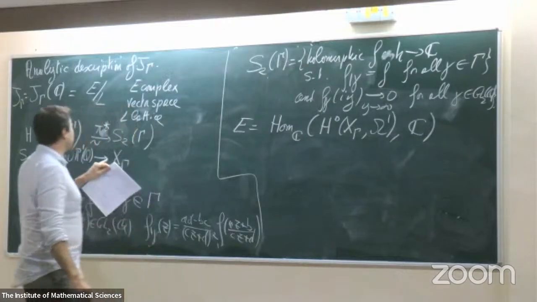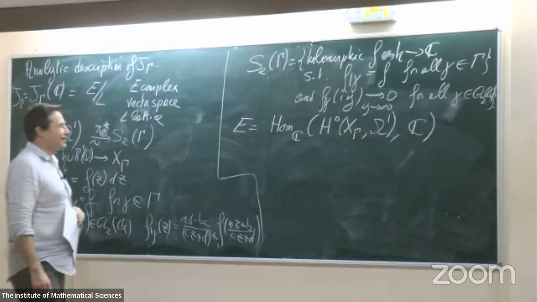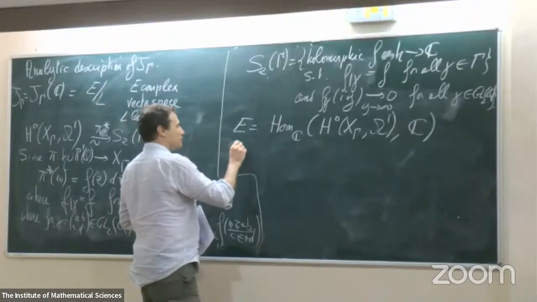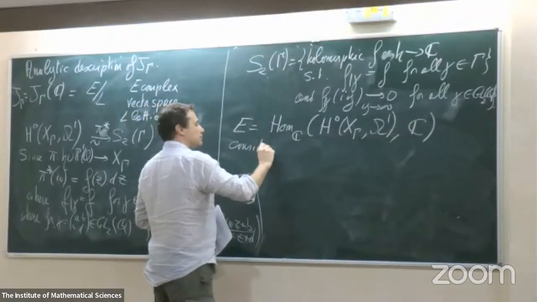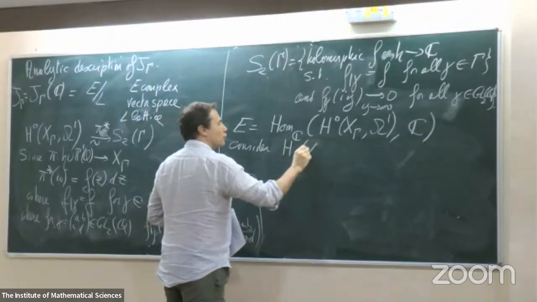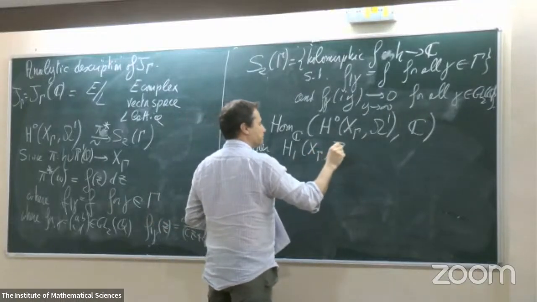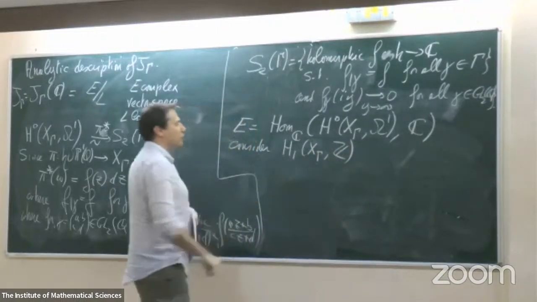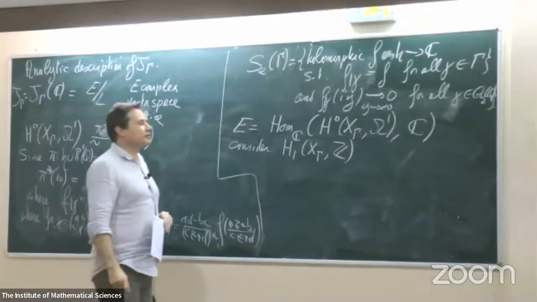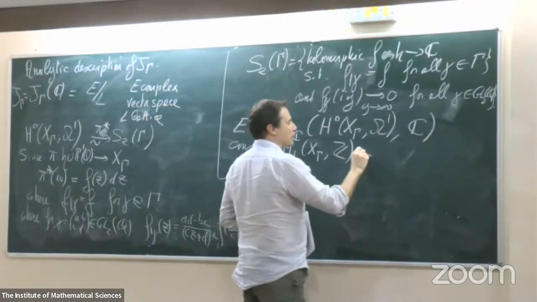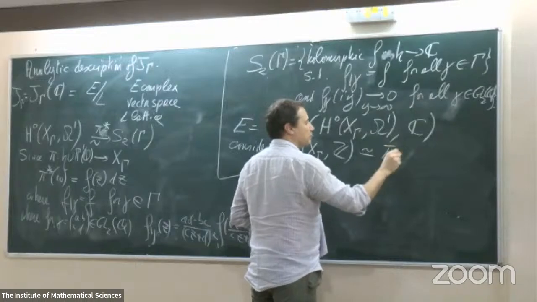Okay, I need to describe another group and consider the first homology group of the curve itself, which you can see simply as a fundamental group, if you like, abelianized.